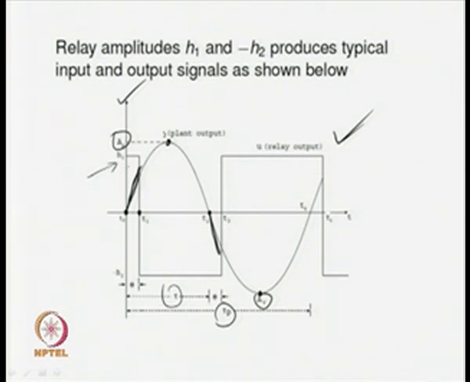So, when the input changes from plus h1 to minus h2, definitely there will be a discontinuity of the output at time t equal to theta, or in this figure, at time t equal to t1, which is nothing but t equal to theta for us if you take t0 equal to 0. So, at time t equal to theta, the output will have a discontinuity, and this fact can be made use of to obtain additional information associated with the output signal.